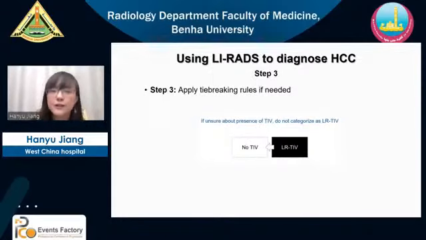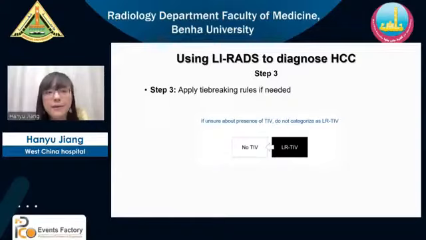Okay, due to the technical issues, I think it's better to review the first step and the second step. The first step is to apply the major features and use the diagnostic algorithm to assign a LI-RADS category to a given observation.